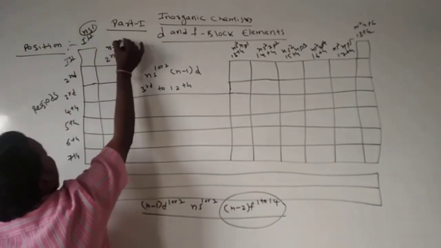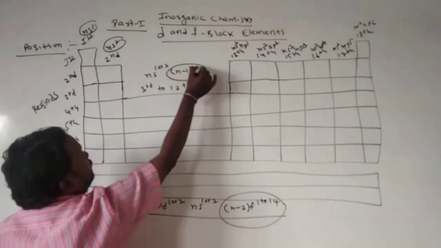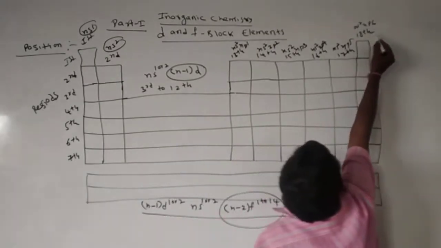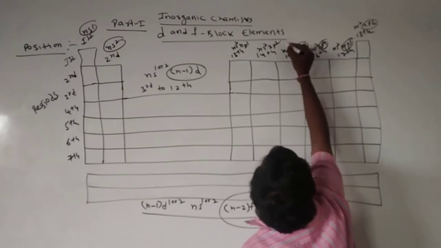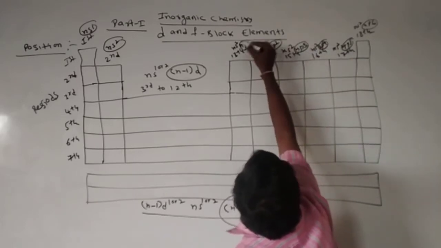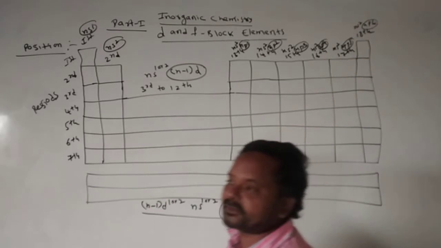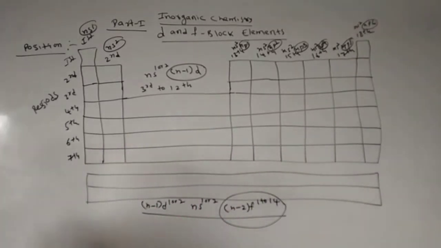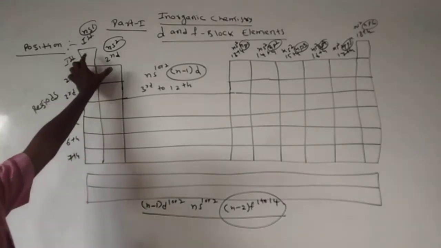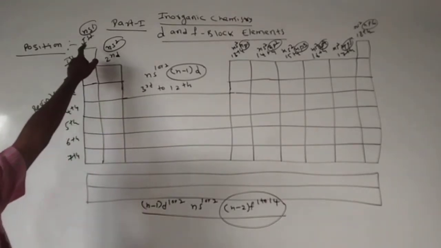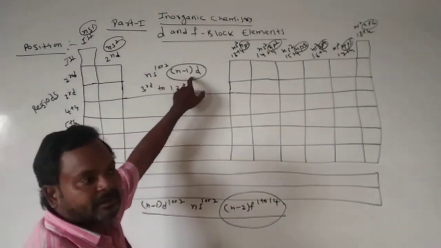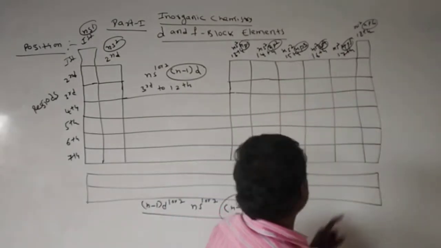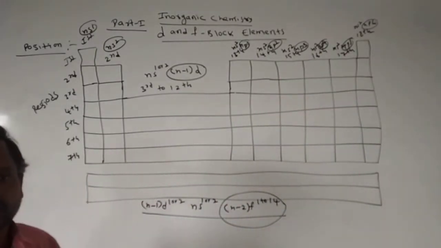These np1 to np5 are all outermost electronic configurations. In the first and second groups the electron is present in the s orbital, here in the (n-1)d orbital, here in the p orbital, and here in the (n-2)f orbital.